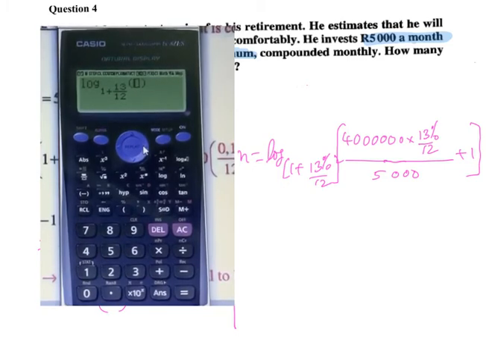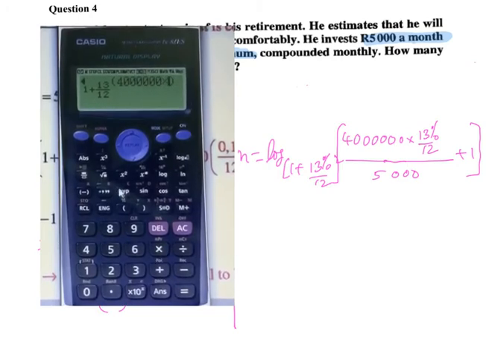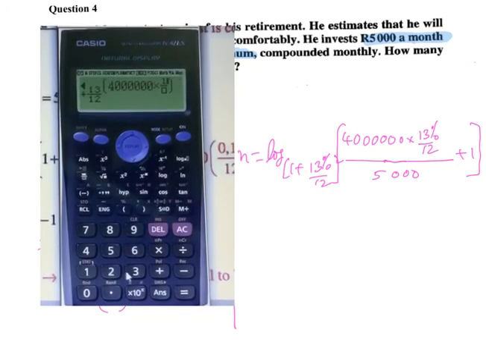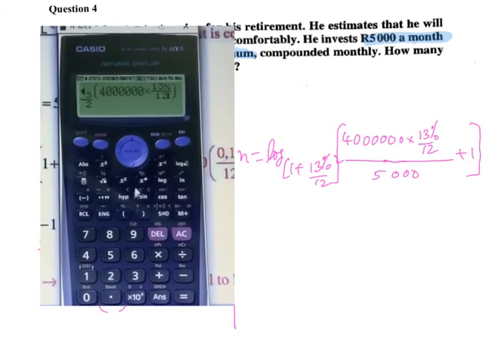Then the future value, 4 million rands, times the interest rate of 13%, compounded monthly, therefore divided by 12.